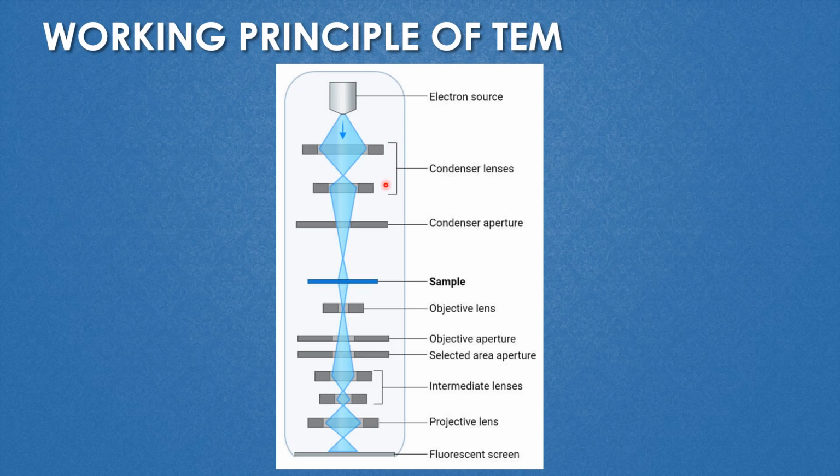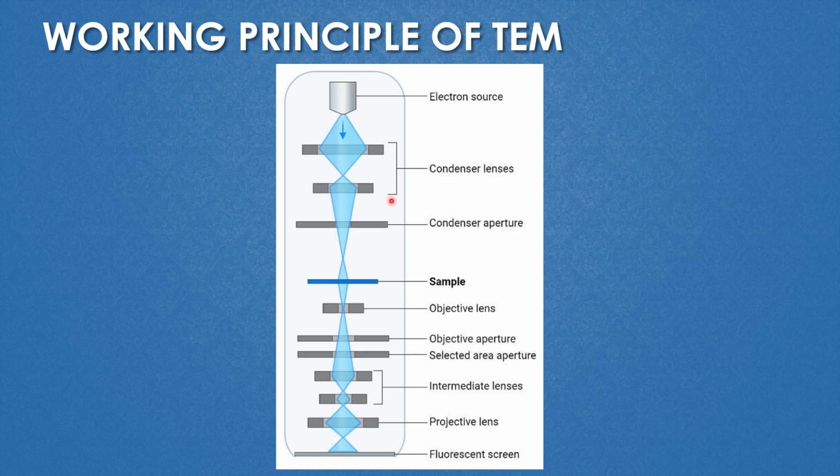The second electromagnetic condenser lens changes the size of the spot on the sample, changing it from a wide dispersed spot to a pinpoint beam.